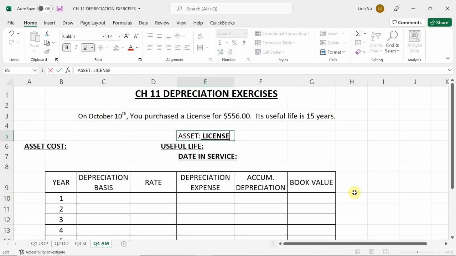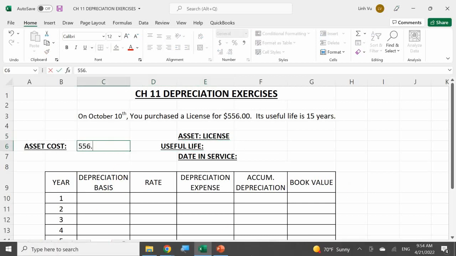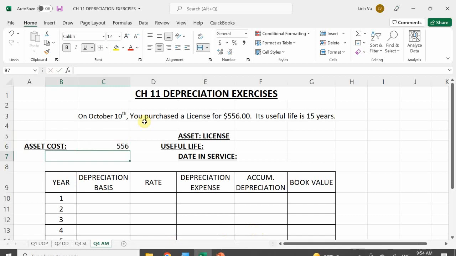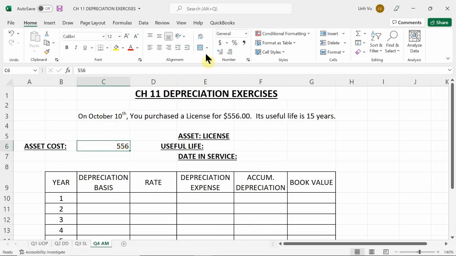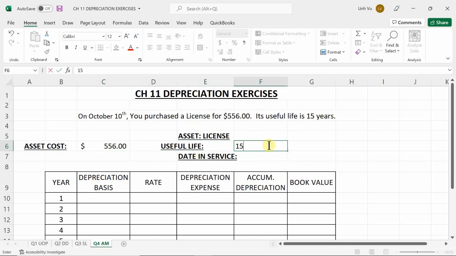How much did that license cost me? $556. This is an intangible asset. Intangible assets don't have salvage values because they expire. So in this case, my estimated useful life is 15 years.